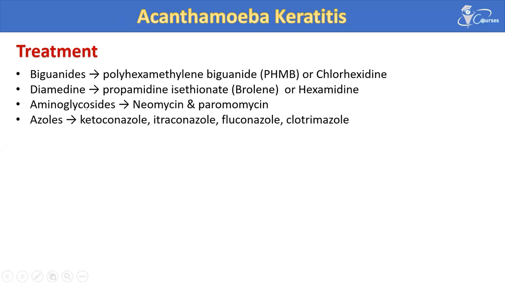We use what are called biguanides. We can use one of these drugs, polyhexamethylene biguanide or PHMB, or chlorhexidine, whichever is available. Then we use together with it another drug called a diamidine, either propamidine isethionate or hexamidine.